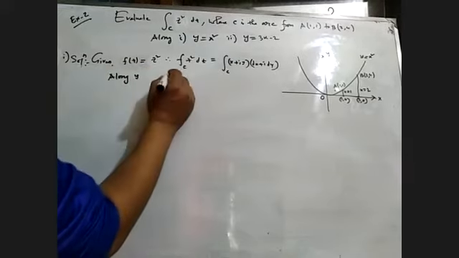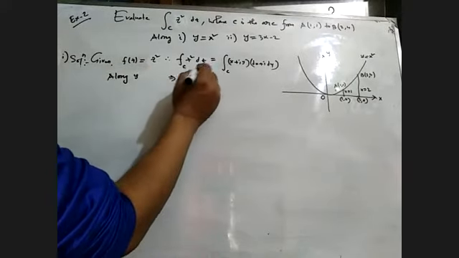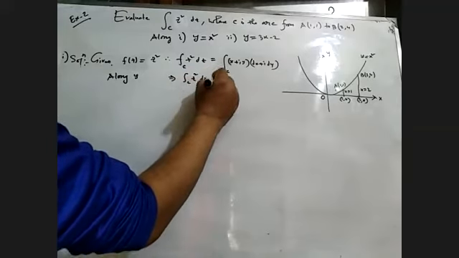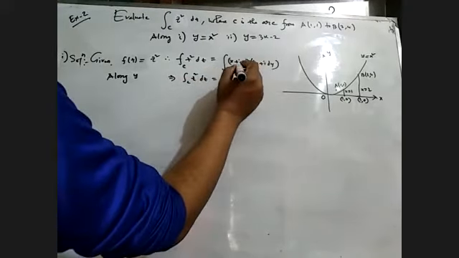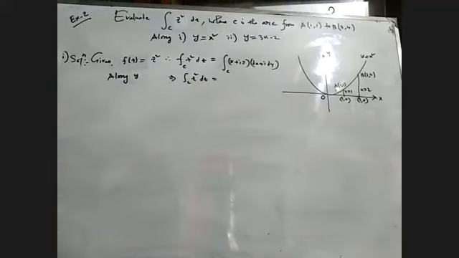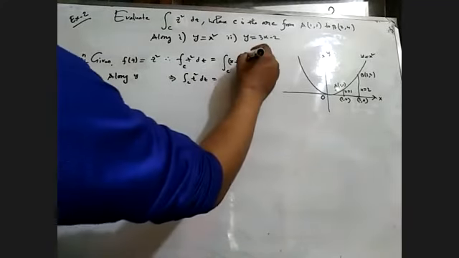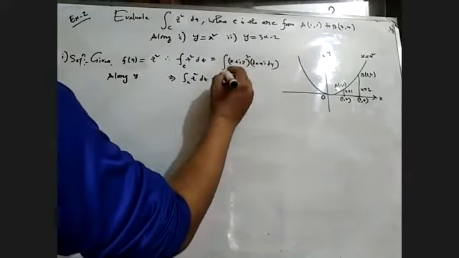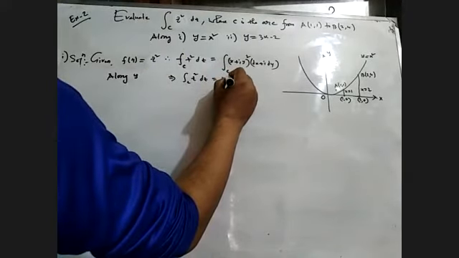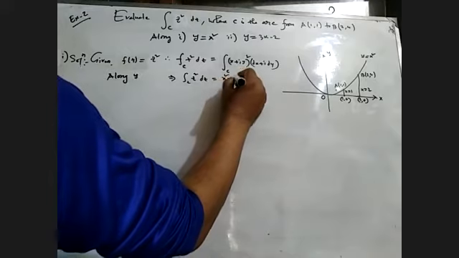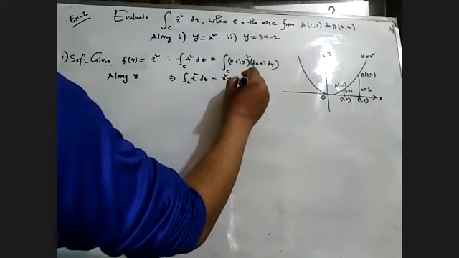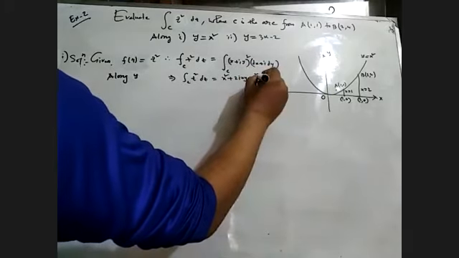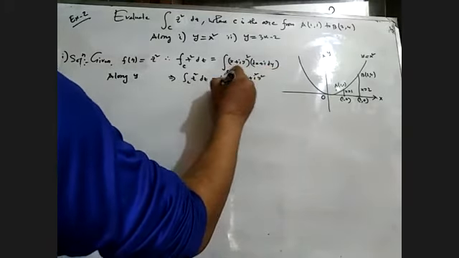So z square, this will be whole square because z square, and this becomes x square plus twice i x y plus i square y square.